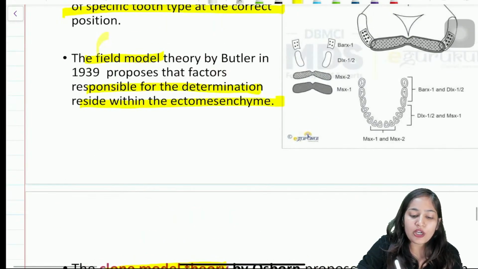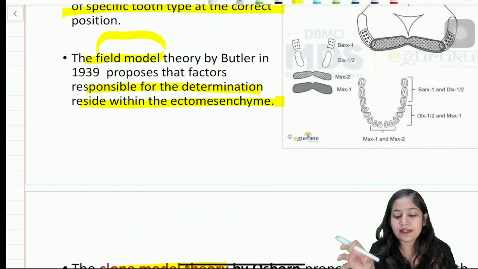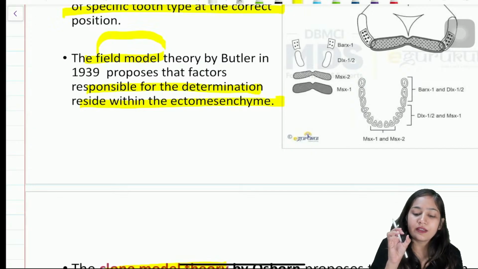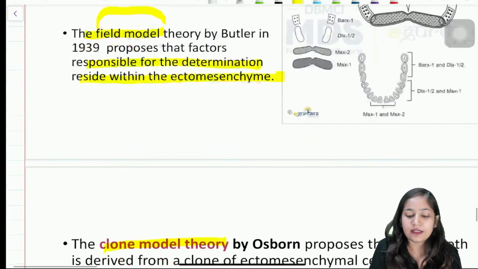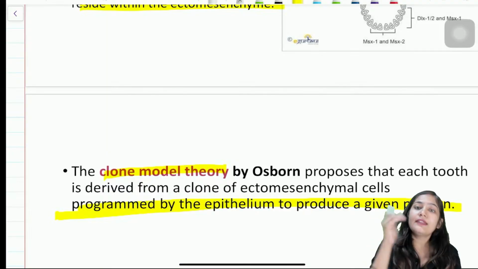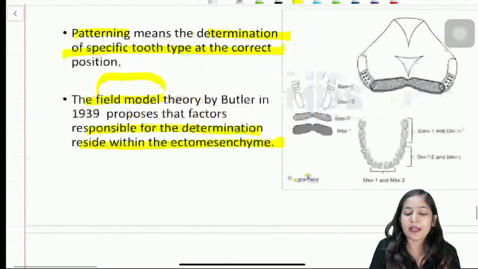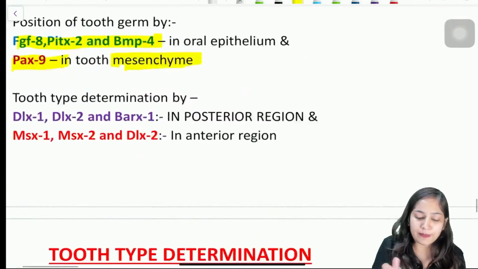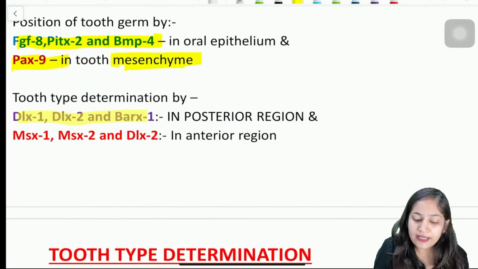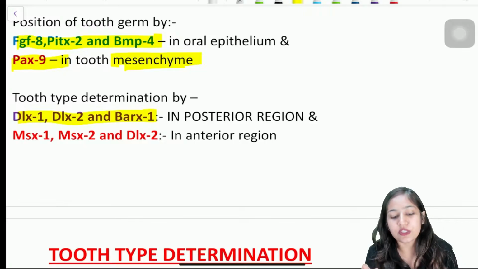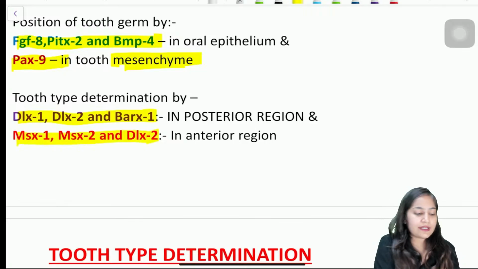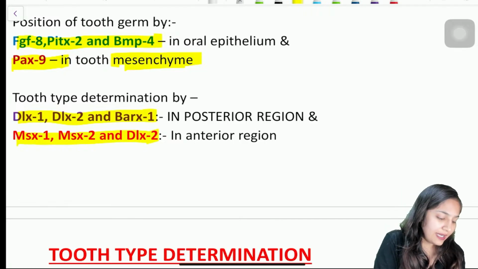So in the field model, the ectomesenchyme already has the factors responsible for determination. In the clone model, under the influence of epithelium, the ectomesenchyme will be prepared for determining the pattern. Also remember this: DLX1, DLX2 and BARX1 for the posterior region, MSX1, MSX2 and DLX2 in the anterior region.